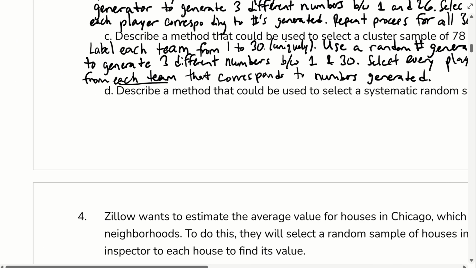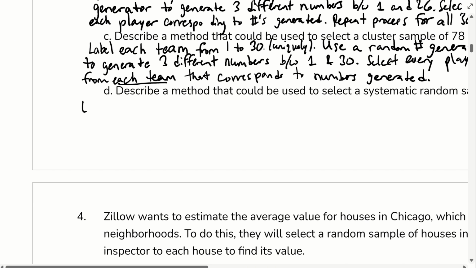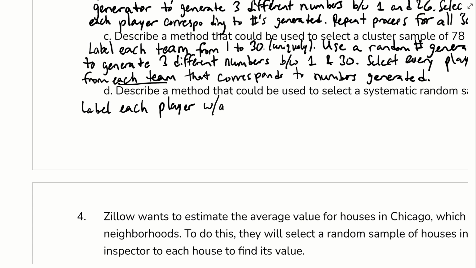Okay, so label each player. This time I'm going to use the word unique, instead of uniquely. With a unique number from 1 to 780.